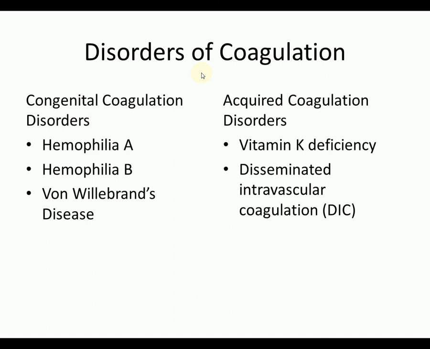The basic defect in hemophilia A is with factor 8, which is produced by the liver and is necessary for the formation of thromboplastin in phase 1 of blood clotting.